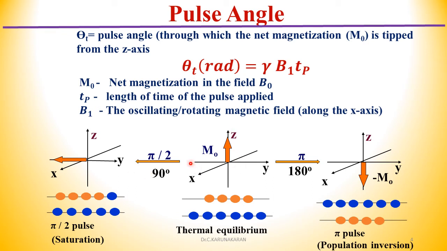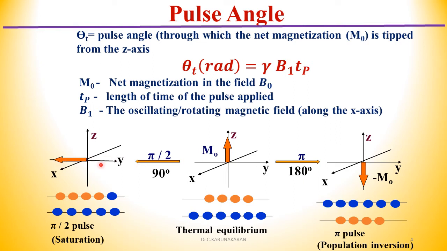When you apply a 90-degree pulse, that is a pi by 2 pulse, that is when you apply a rotating radio frequency magnetic field perpendicular to the z-axis, that is through the x-axis, the magnetization is tilted along the minus y-axis.